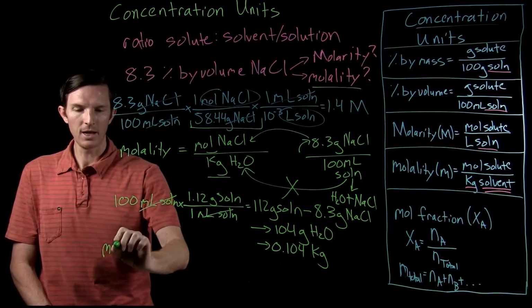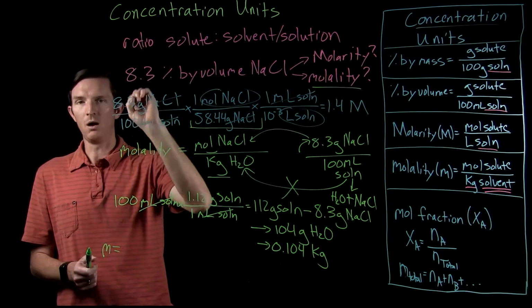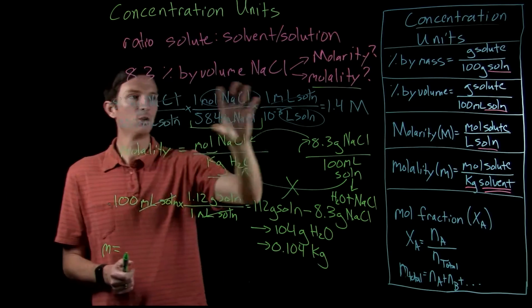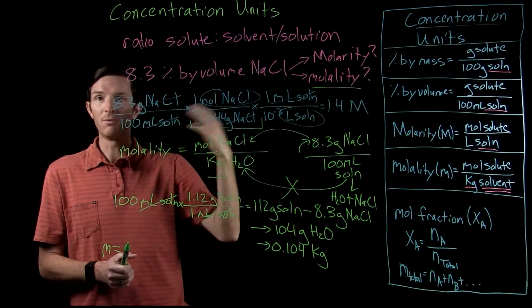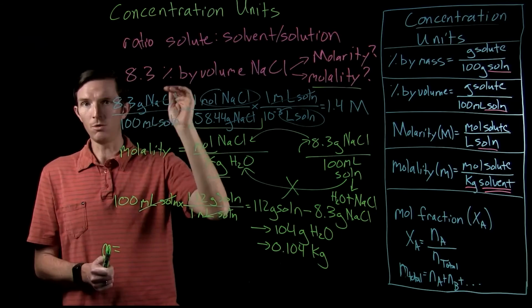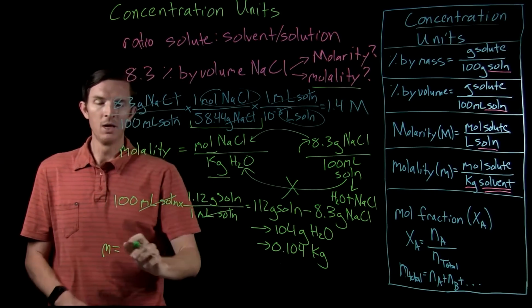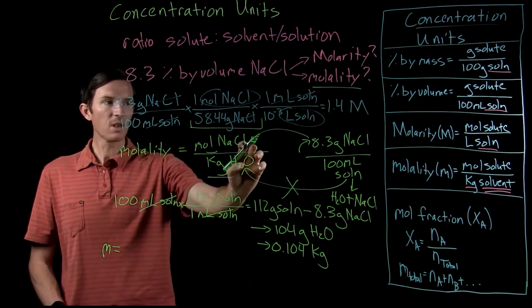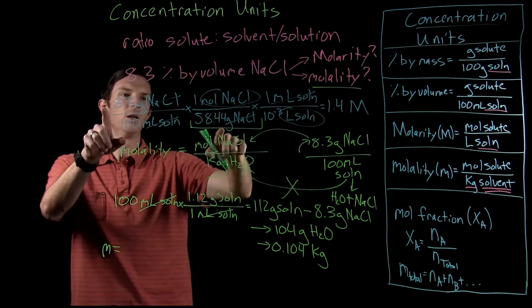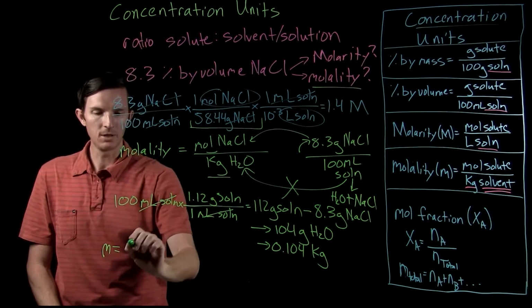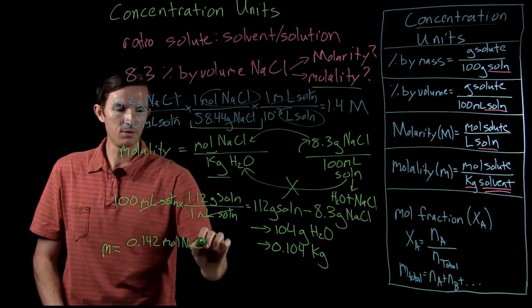And we can go ahead and now calculate our molality. So you notice that I didn't go directly from our percent by volume to molality because of the difference in what we're describing as our ratio, because it's not grams or moles of solute per solution amount. We're dealing with solvent amount here now. So we can go ahead and we can convert, if we converted our grams of sodium chloride to moles of sodium chloride, which would be using our molar mass here, we would see that we would get 0.142 moles of sodium chloride, right?